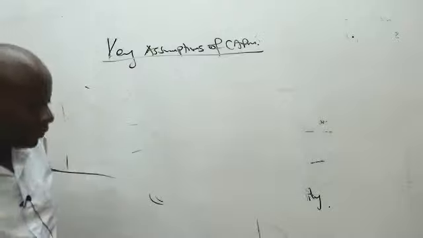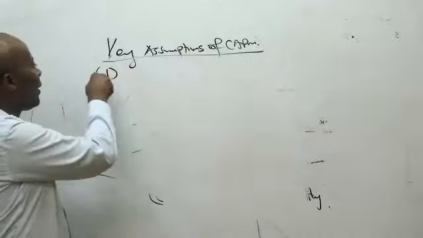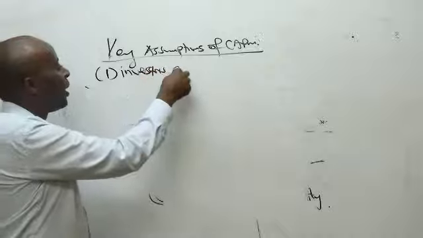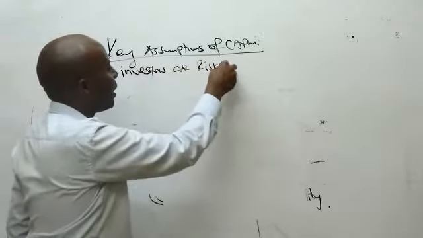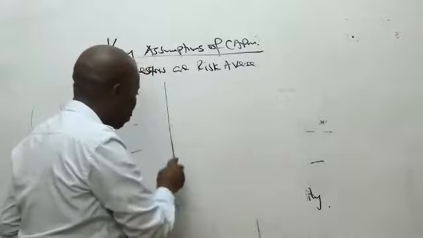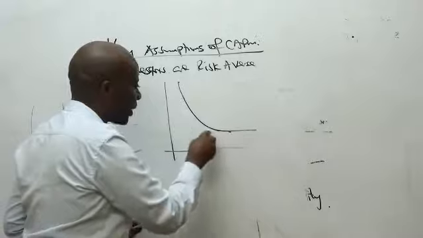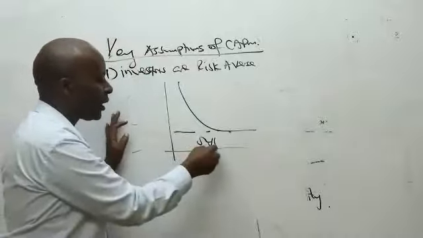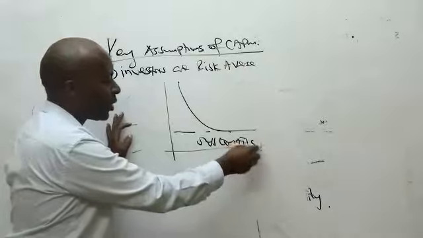Investors are risk averse. Number 1, investors are risk averse. How do you get to know this? Remember, we said we've got 2 types of risks: we have what we call the systematic risk, and then we have the unsystematic risk down here.